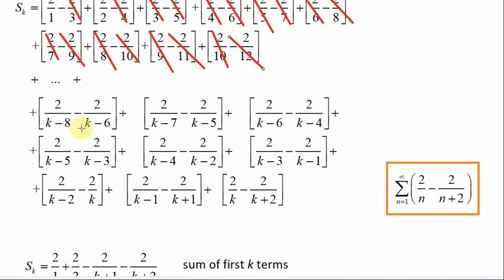And then right here we can see the 2 over k minus 6 and the 2 over k minus 6, 2 over k minus 5, 2 over k minus 5, minus 2 over k minus 4 and 2 over k minus 4, 2 over k minus 3, 2 over k minus 3.